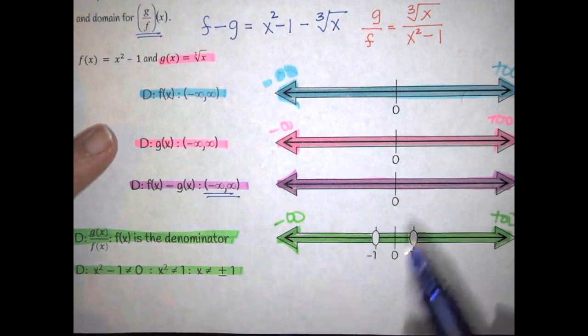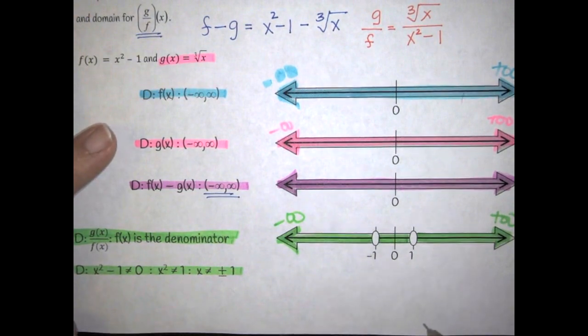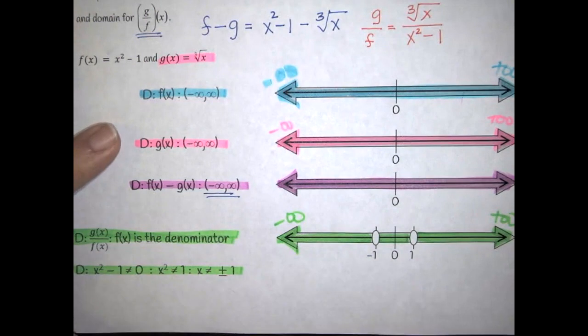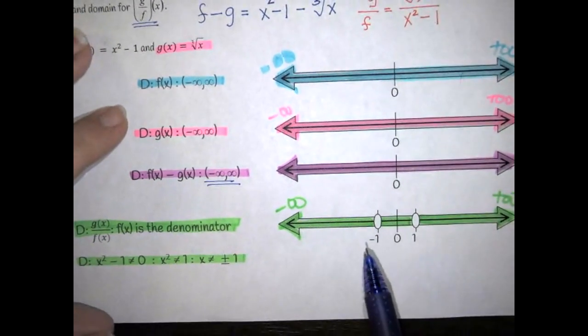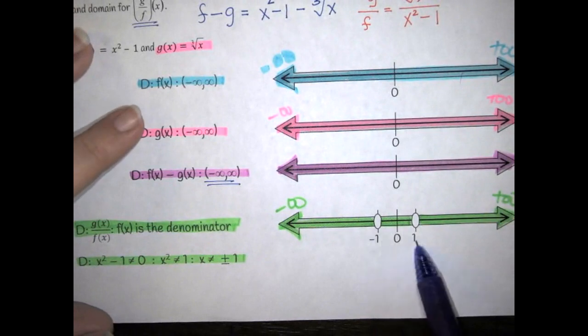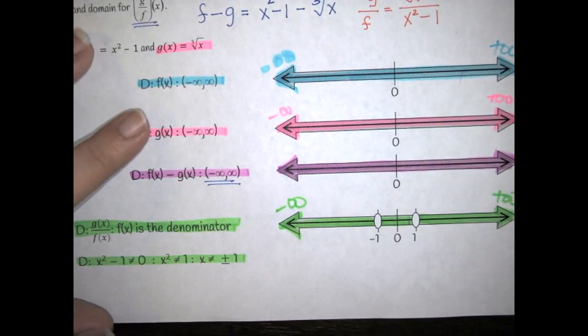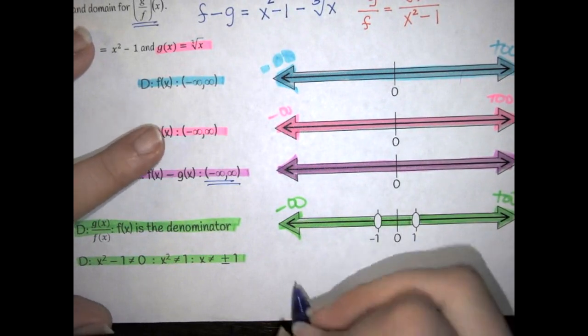So when I write this interval, what you have to remember is you need one more interval place beyond how many x terms you've got. So we have 2 x values where we have a problem, so I'm going to have 3 intervals.